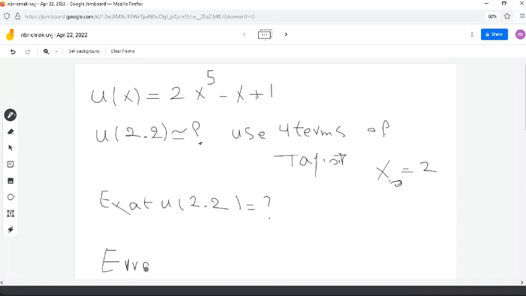This is what I will solve for you: four terms of Taylor theorem. Please write this exercise while I go to the next page and write the Taylor theorem for you.